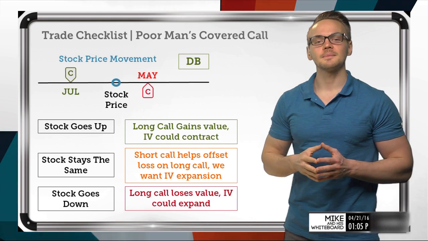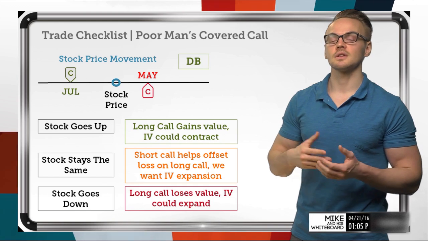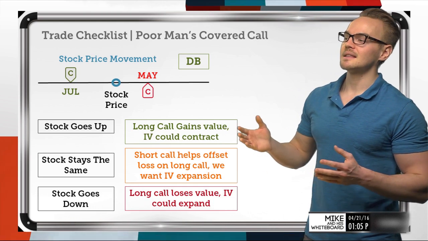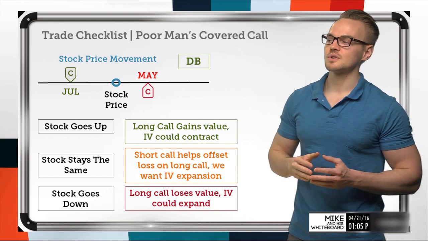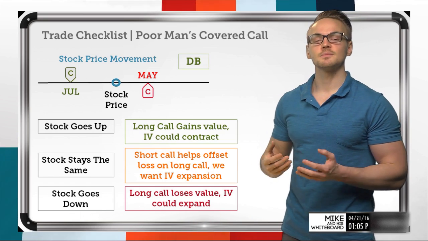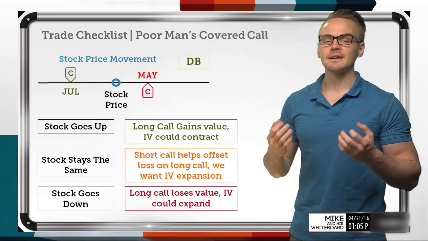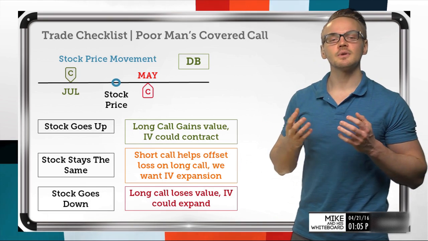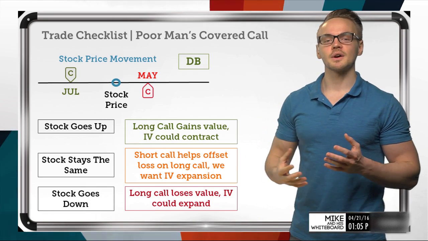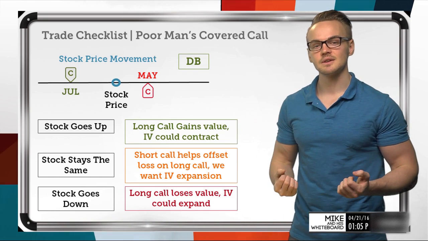One thing to point out is that this strategy differs from the poor man's covered put or the long put diagonal spread in the sense that IV could contract when the stock price moves in our direction. In this strategy, we want implied volatility to increase, but there's a general market relationship between a market increasing and implied volatility decreasing.